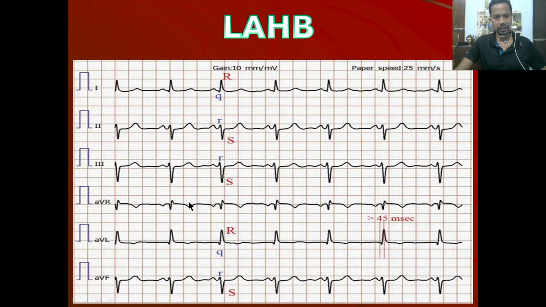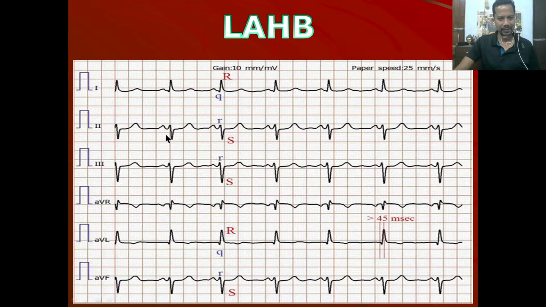There is a broad QRS, and this patient might be having LAHB. One sec. Yeah, LAHB. So QRS is not broad. Sorry. If you measure, QRS is almost as broad as 3 small squares, but is less than that. Sometimes you will get confused. Is it broad or is it normal? This ECG is falling in that category.